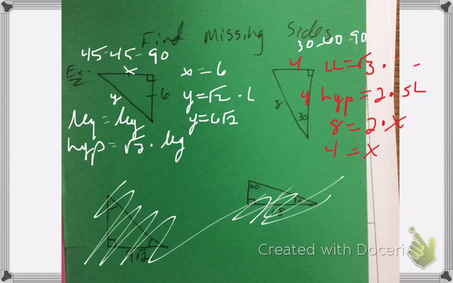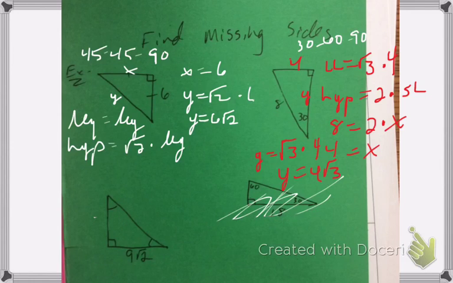If the short leg is 4, then I can plug that in here and find the long leg, which is y. By taking radical 3 times 4, y is going to be 4 radical 3. And that's it. That's all there is to it. Write down the equations, plug in what you know, and go from there.